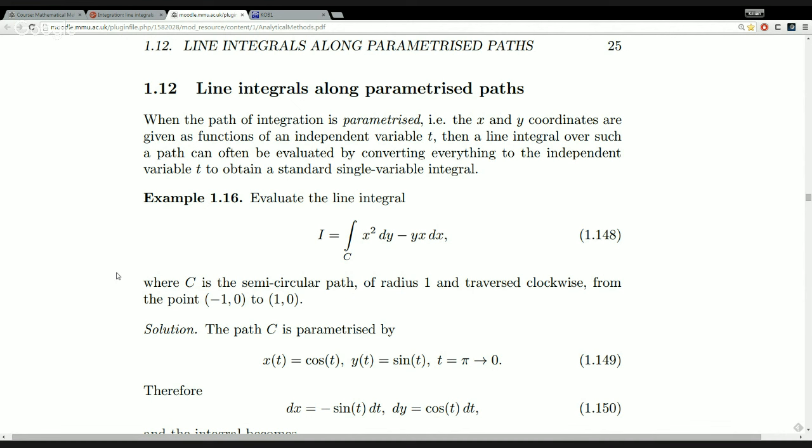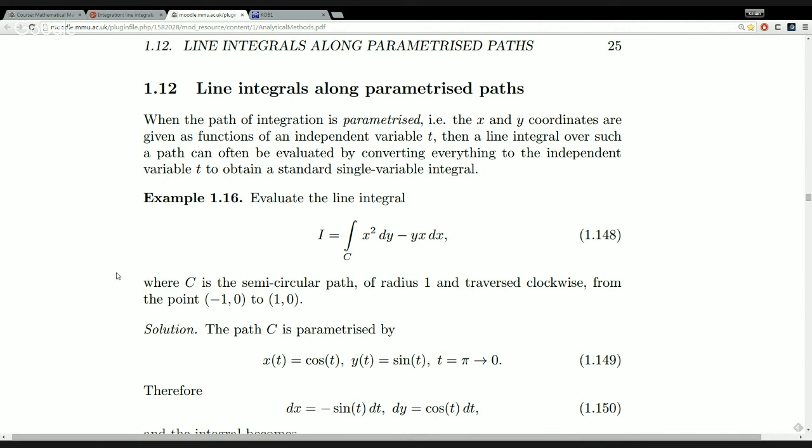It's better to introduce a third parameter, which is like an angle. We're going to call it t like time, but really it's the polar angle. Think of the polar coordinate system that we introduced a few lectures ago, with the radius of a point and the polar angle, the angle made by the radius with the positive direction of the x-axis. If we introduce that polar angle, then the curve C will be parameterized by cosine and sine of that polar angle.